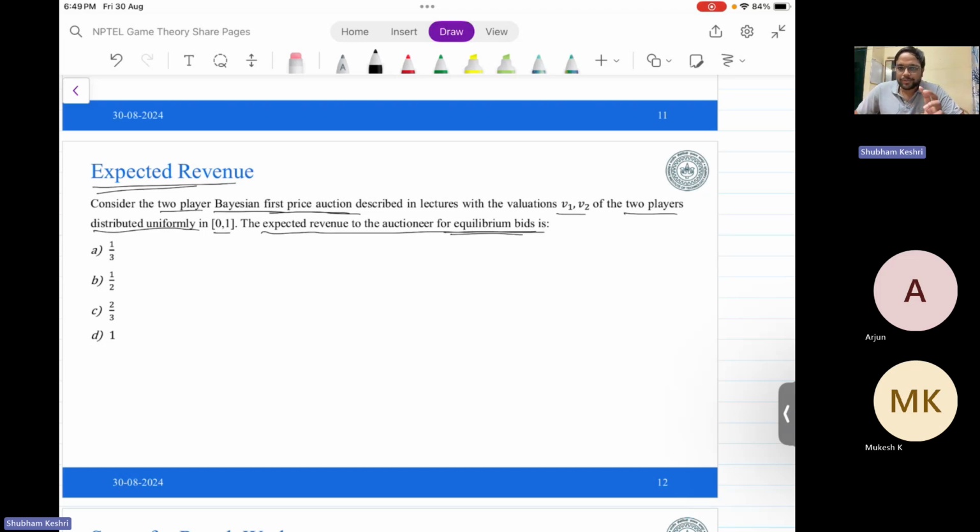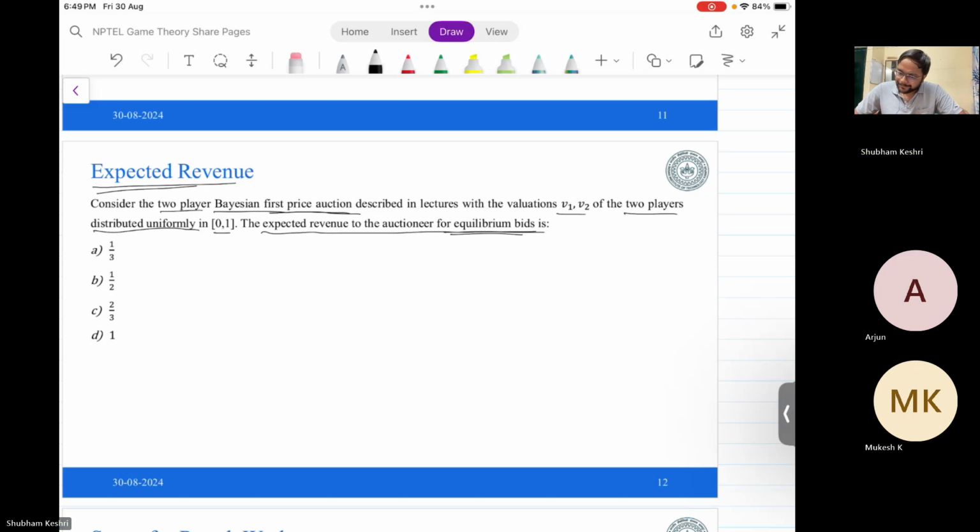There was some confusion about the expected revenue, and someone mentioned that in the discussion forum, and that is why I have taken this problem over here. If you know the answer, you can tell me. Otherwise, we'll see how the expected revenue is obtained. Yeah, the expected revenue is 1 by 3 in all the cases.